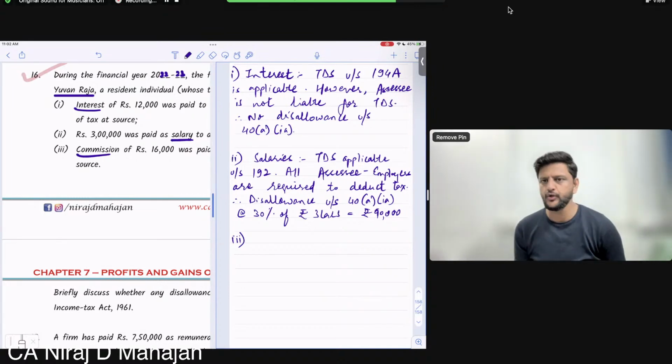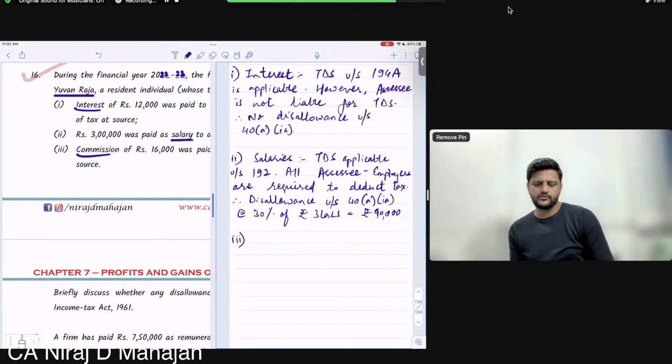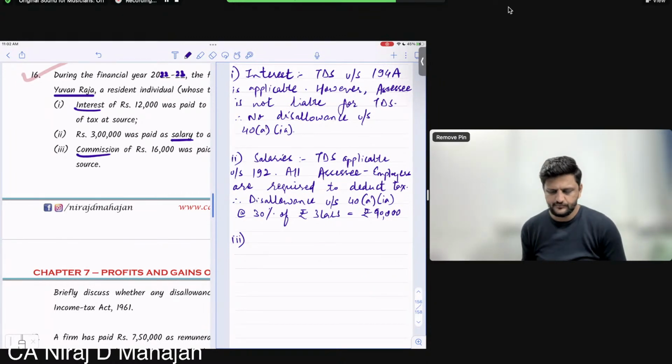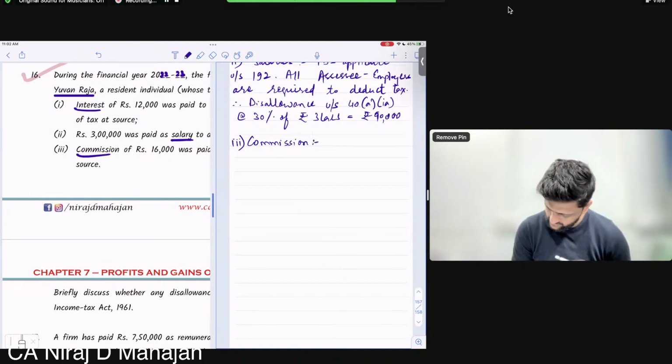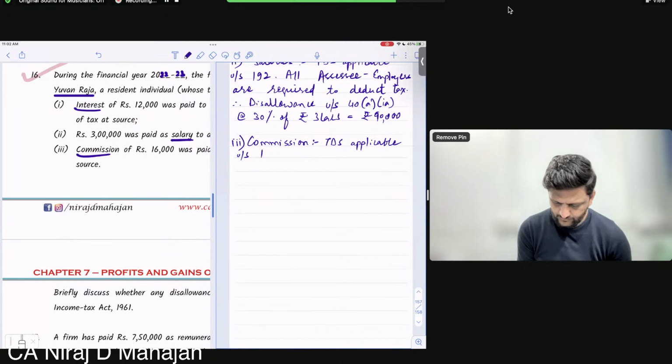Third one, commission, again without TDS. On commission TDS was applicable and not done, but the assessee itself was not liable. So on salaries, children, you have to do TDS, okay? At least you have to consider the TDS part. The remaining amounts are okay. Third, commission. TDS applicable under section 194H. Full stop.